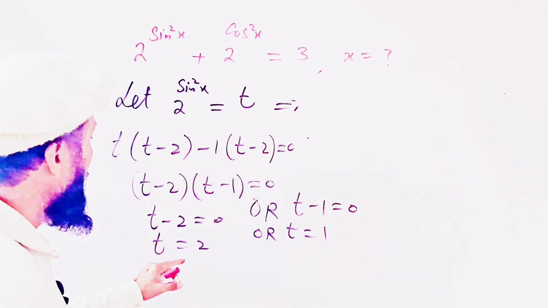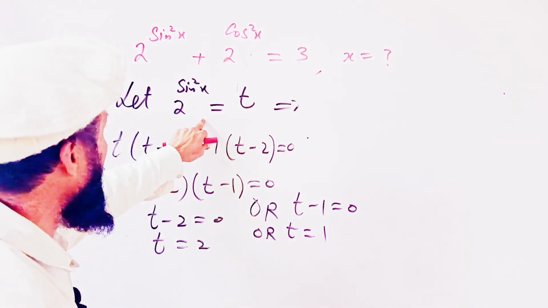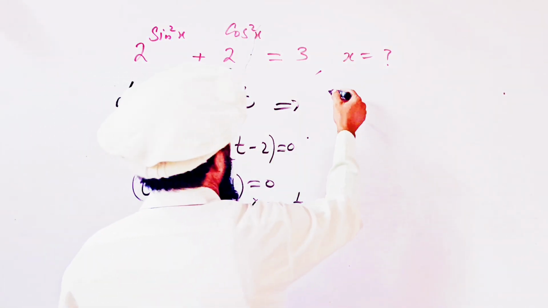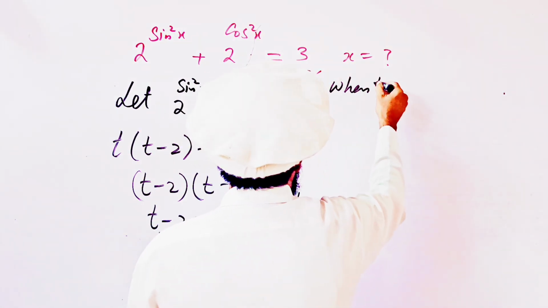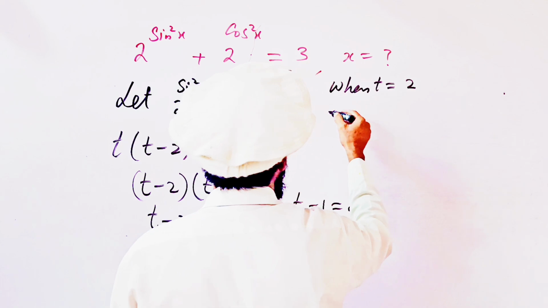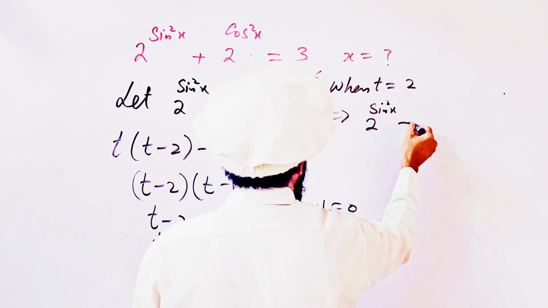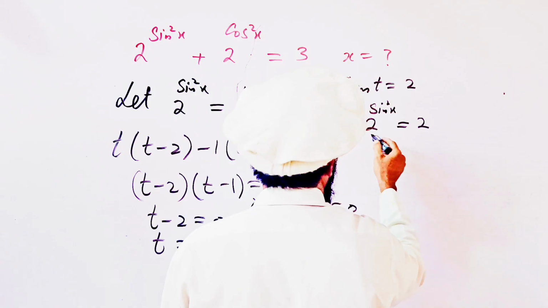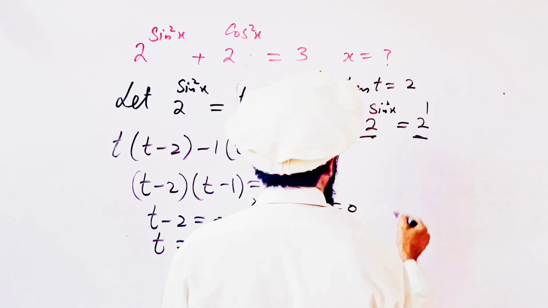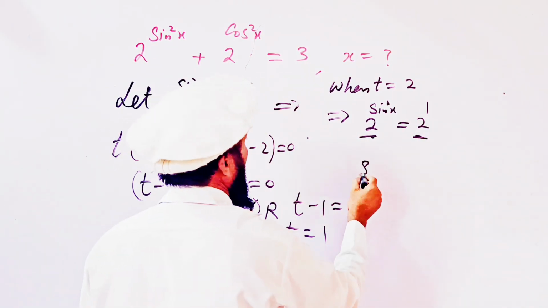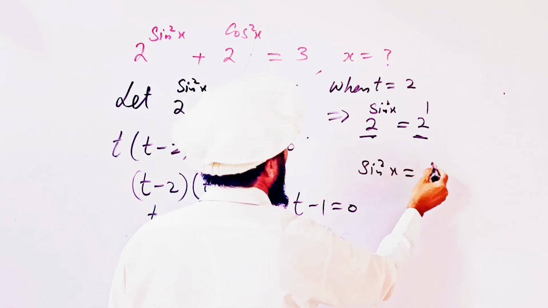Now we substitute these results according to the supposition. When t is equal to 2, 2 exponent of sine square x is equal to 2. Now the bases are the same, so we compare their exponents. So sine square x is equal to 1.